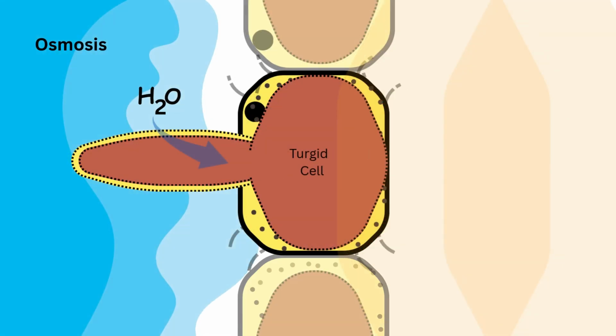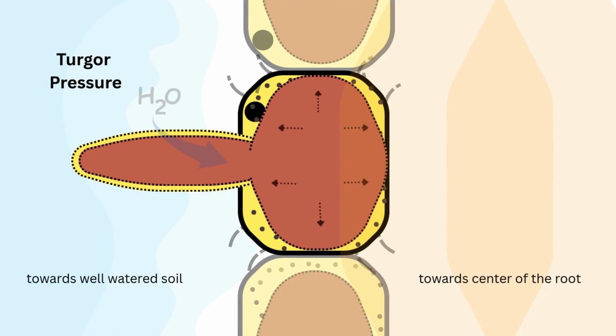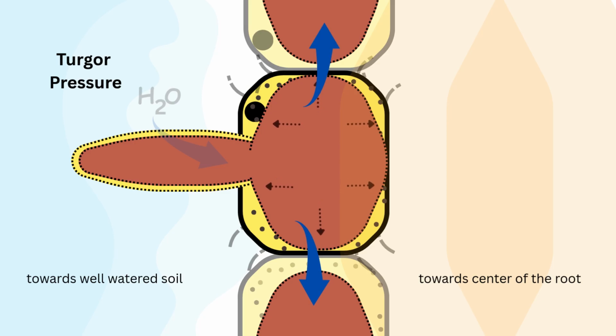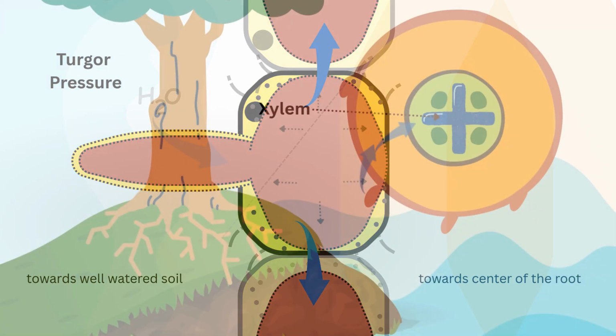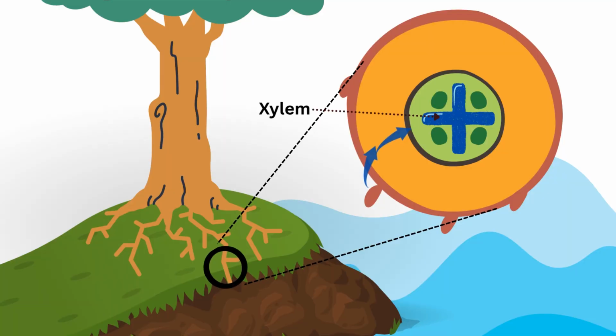Water moves into these cells by osmosis, just like we saw in our experiment. Once inside, the water fills up the vacuole, causing it to push outwards against the cell wall. This creates what we call turgor pressure. It's a kind of internal water pressure which helps the cell maintain its shape. It also helps move water to neighboring cells.